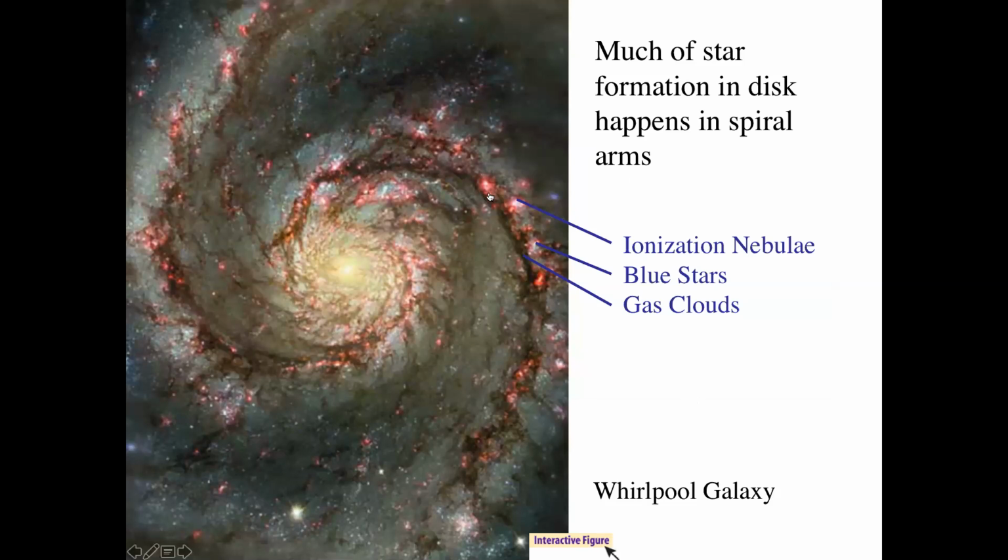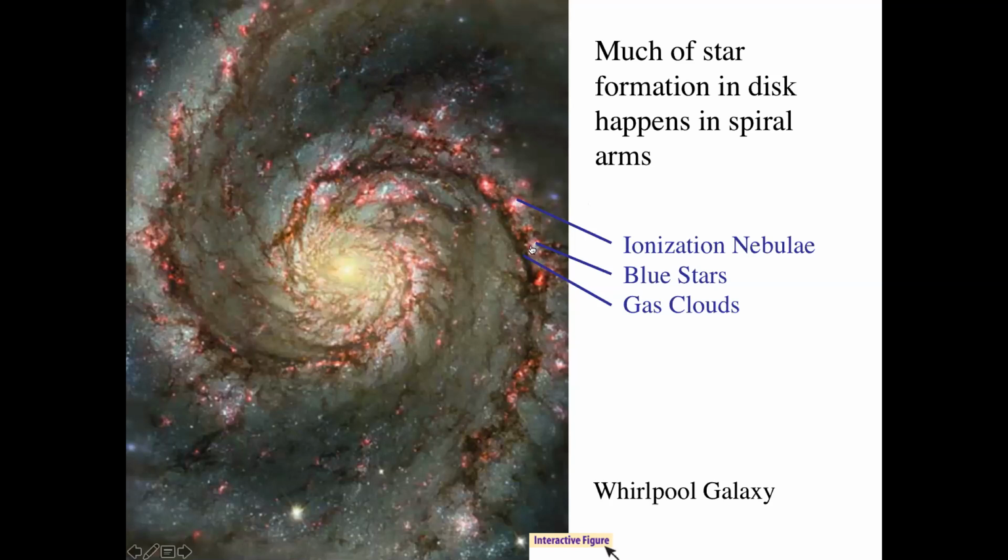It has happened so much that those stars have all turned on and heated up their surrounding gas, causing it to glow, which is why you get these red spots here. We call these ionization nebulae because that's what happens. These bright, very massive stars turn on. They emit lots of ionizing radiation. That radiation is absorbed by hydrogen atoms in the surrounding area. They ionize, and then when they recombine, they emit lots of photons, and that's why they glow.